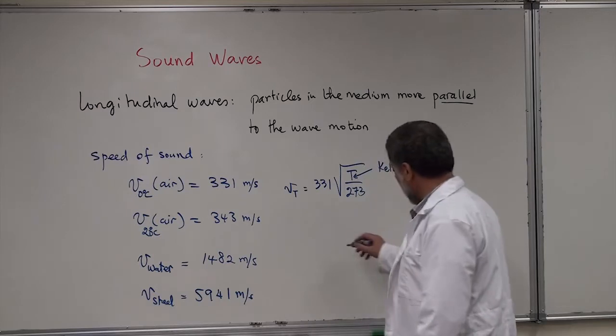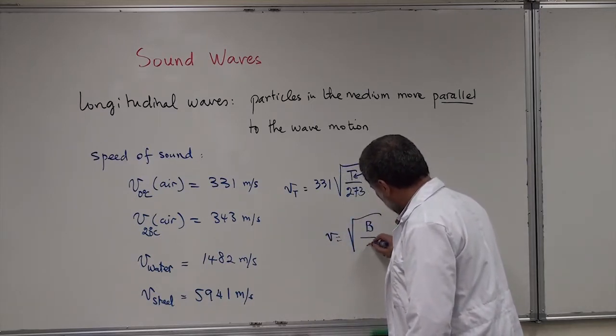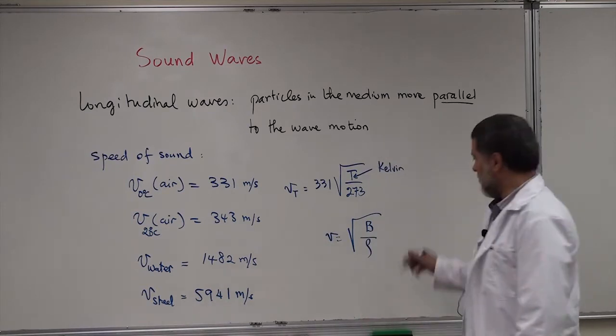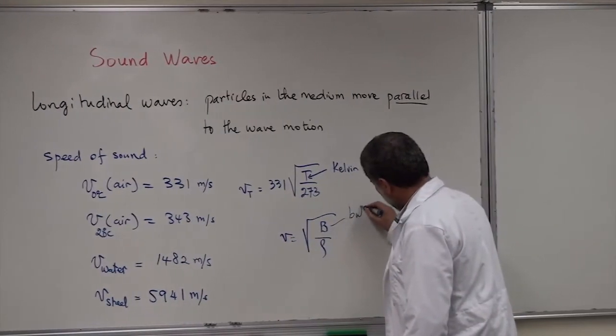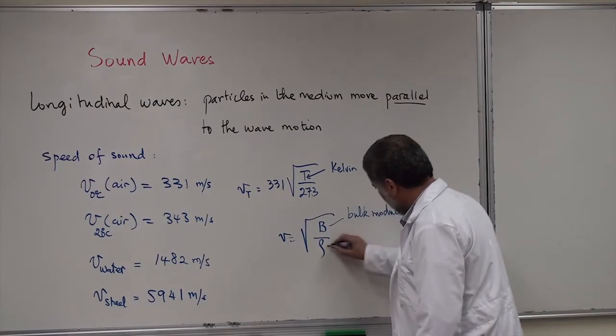In general, the speed of sound is given by the square root of the bulk modulus divided by the density of the medium. This is called the bulk modulus, and this is the density of the medium.